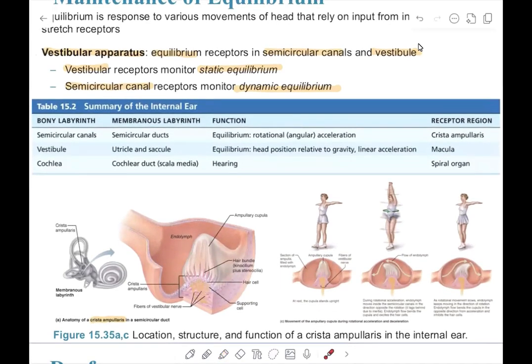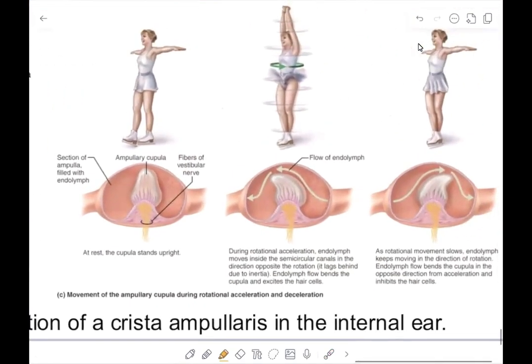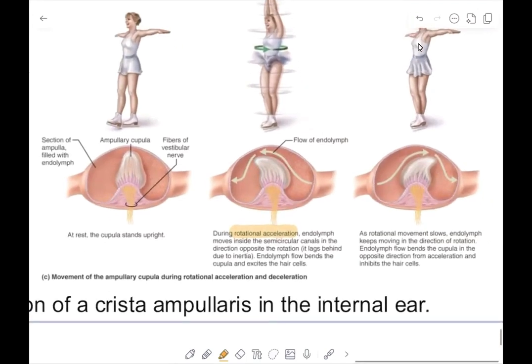Here we see what looks like a figure skater. And in this case, we can see that during rotational acceleration, fluid is going to be moving in a certain direction. You don't need to know the fluid, but it excites these hair cells.